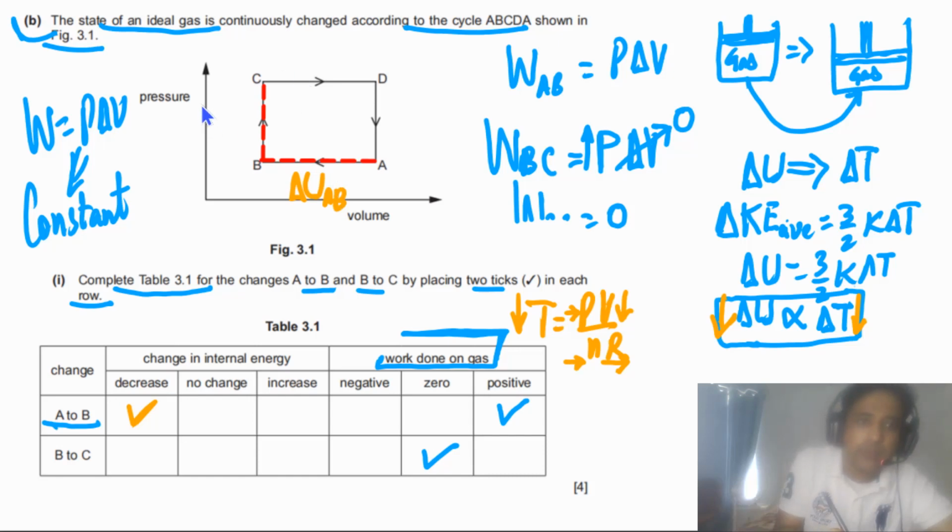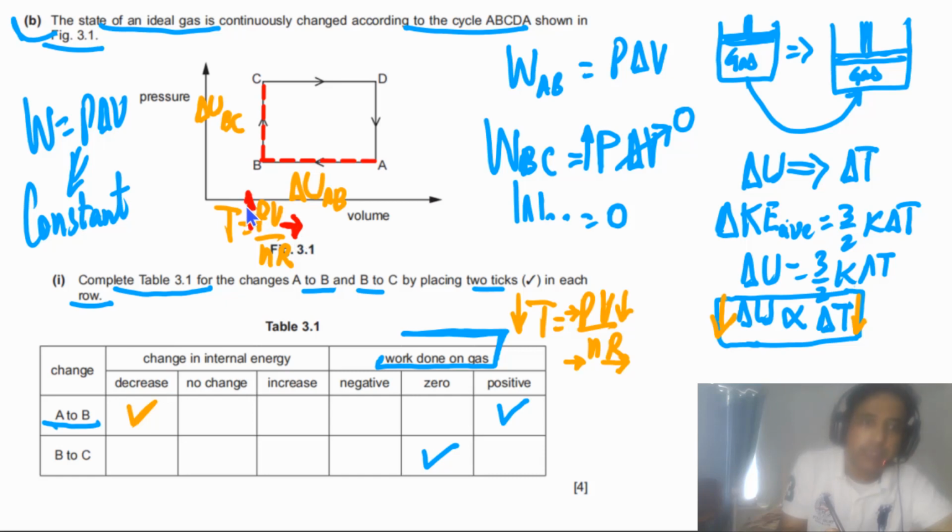Now we will try to find out change in internal energy between B and C. So we will be using this formula again. This time I'll be writing T is equal to PV over NR. If you look at change in volume between B and C, there is no change in volume.